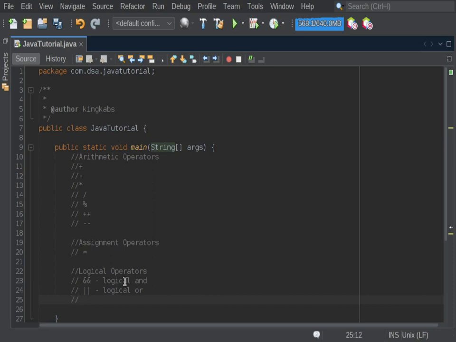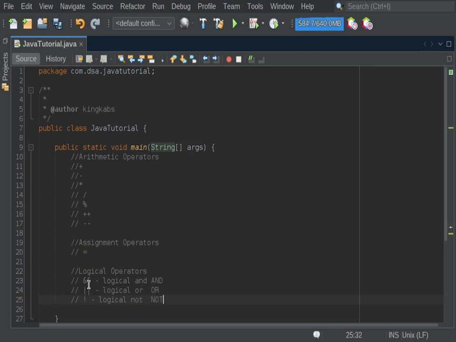And then we have the final one of the logical operators, which is the logical NOT, and it is represented using an exclamation mark. In some other programming languages, for the logical AND, we may use the word AND, for the OR, we may use OR, and for the logical NOT, we may also use the word NOT.